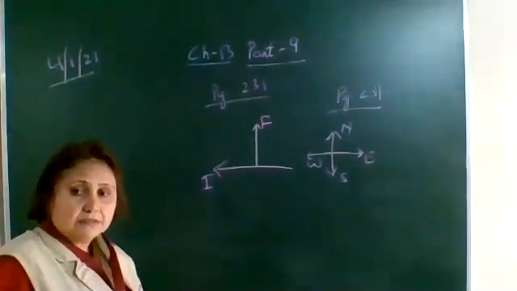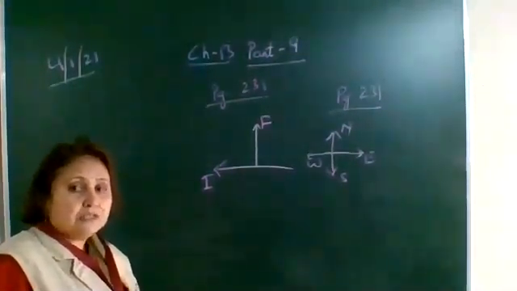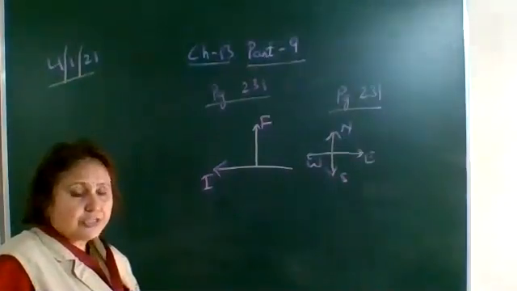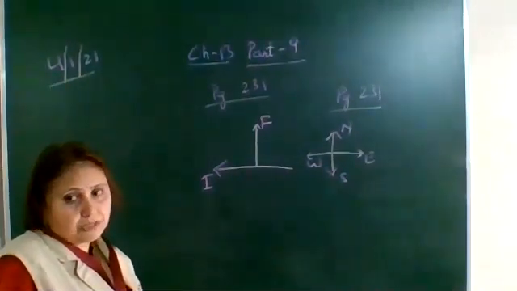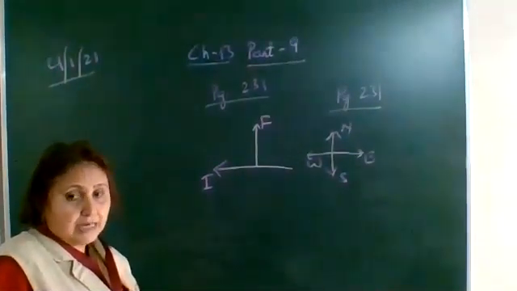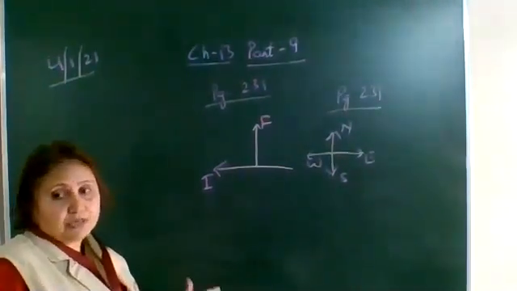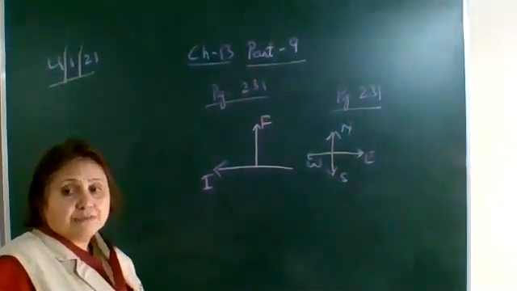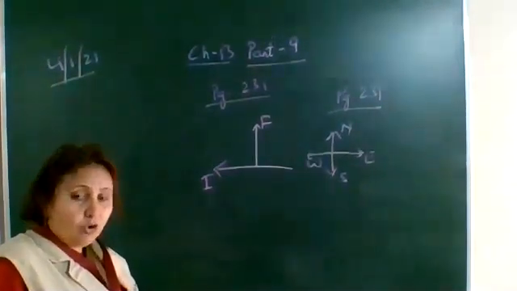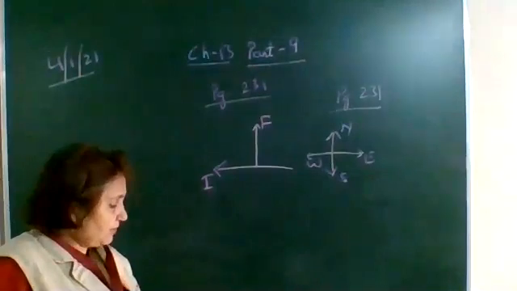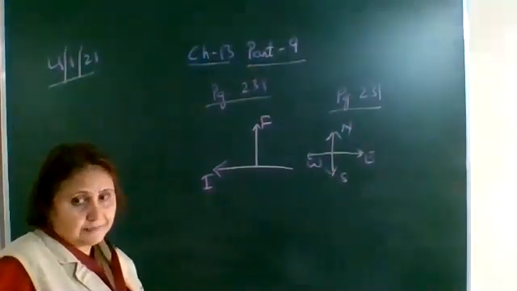Using your left hand, stretch the first 3 fingers mutually perpendicular to each other. Keep it in mind that you have to use your left hand only. If you use your right hand, the direction you get will be in the opposite direction.